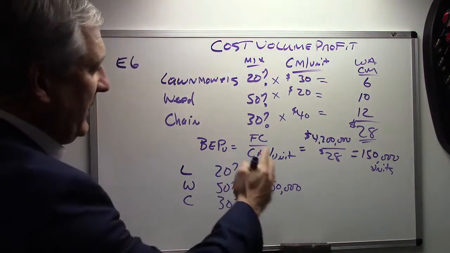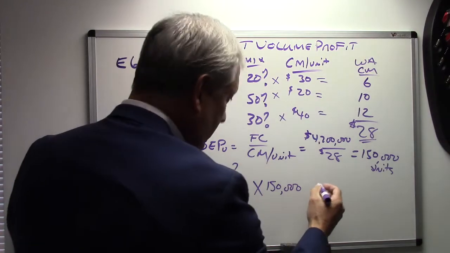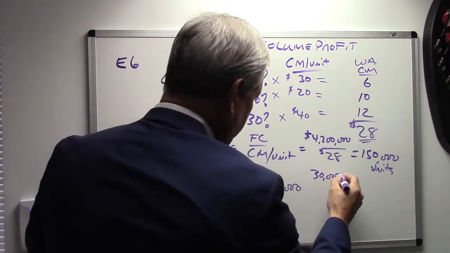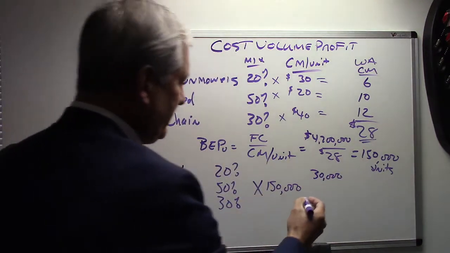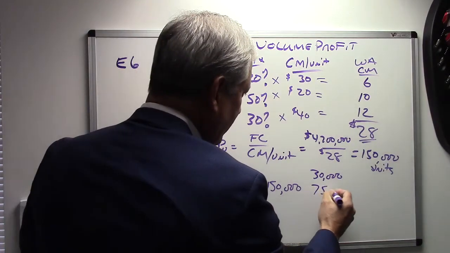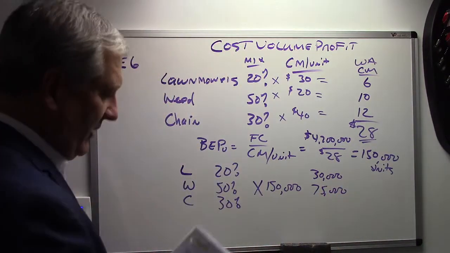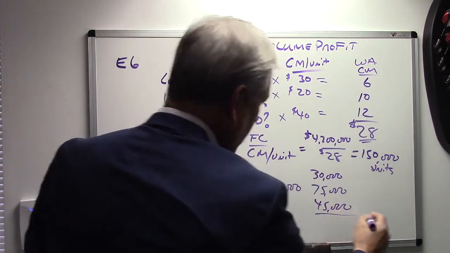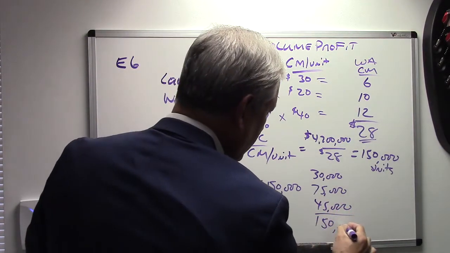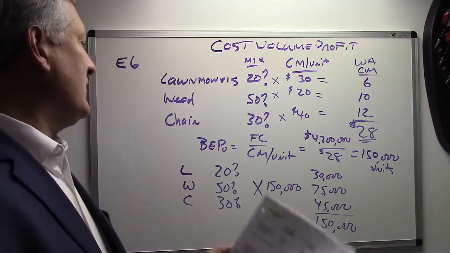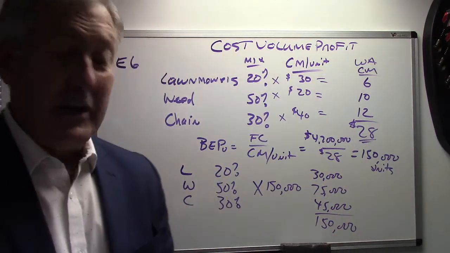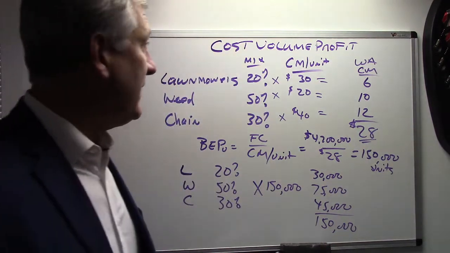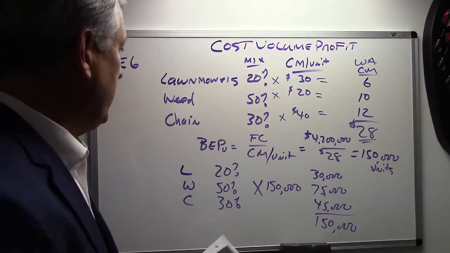So 20% of 150,000 is 30,000 units. 50% of 150,000 is 75,000 units. And 30% is 45,000 units. And this should equal the total of 150,000 units. So that's how many units of each product they have to sell under that scenario.